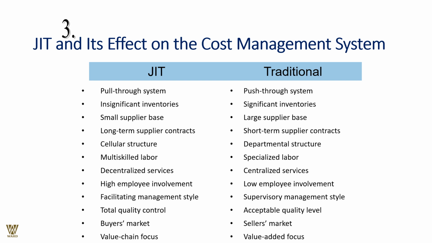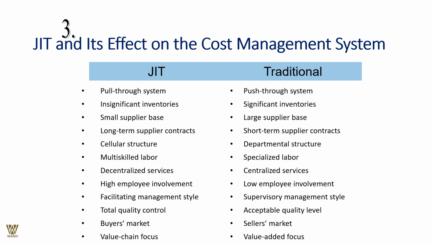Traditional is all about push through, as in what I need to initiate in the market and probably push. You need to consume such products only, because this is what we are producing. So as a company it might be very viable, but as end customers, people might detest it. So it's a push through system. It has significant inventories. Why?